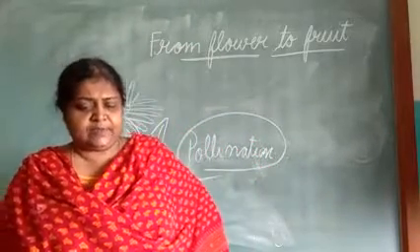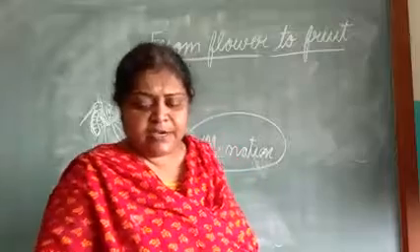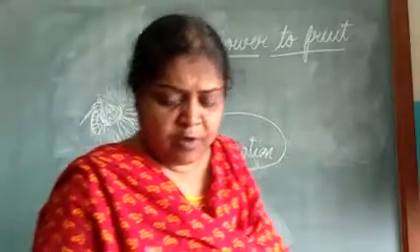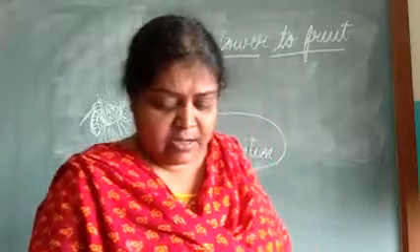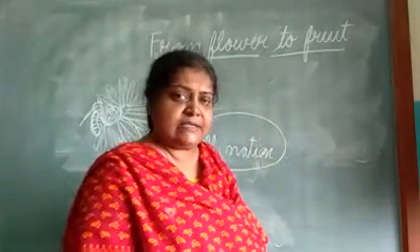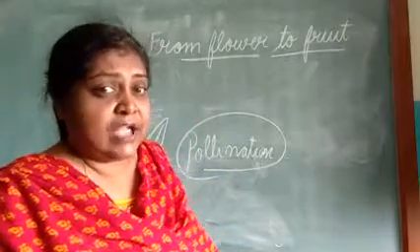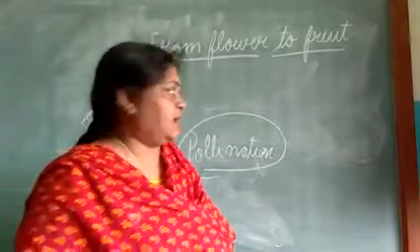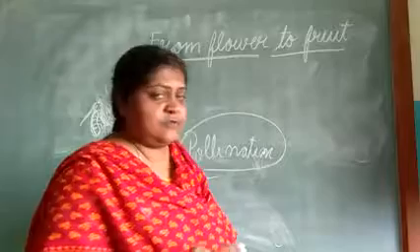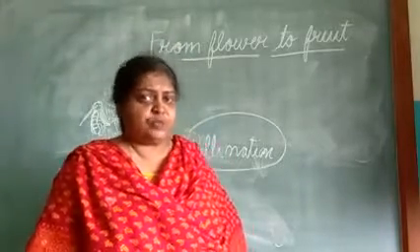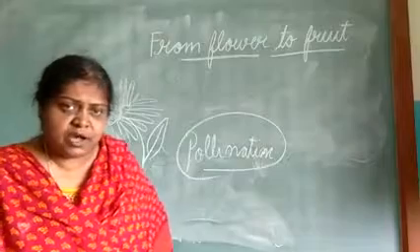Clear? The pollen grain grows a tube that moves from the stigma. So after this, what happens? Fertilization happens. After pollination, fertilization happens. So pollination is clear to you all.